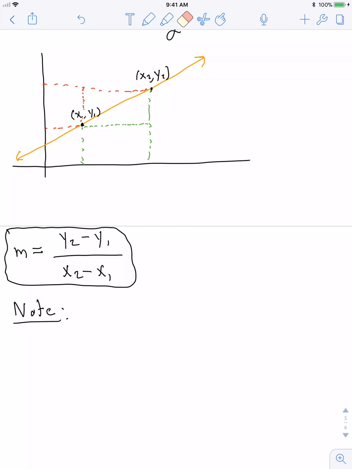Note that if we look at the beginning values, we have y2 in front and we have x2 in front. And in the back, we have y1 and x1, and this is very important. We don't want to switch this up. y2 always comes first if x2 comes first, and y1 always comes last if x1 comes last. So the order matters. Make sure you're using the same point in the front and the same point in the back. Aside from that, calculating the slope is rather easy, and there's nothing really trickier to it.